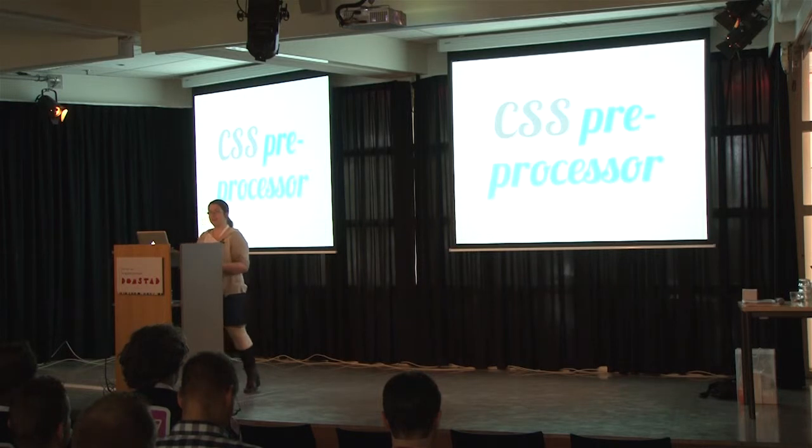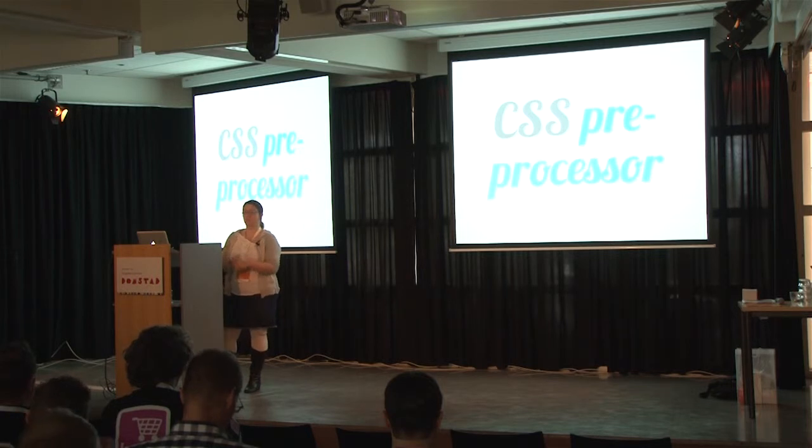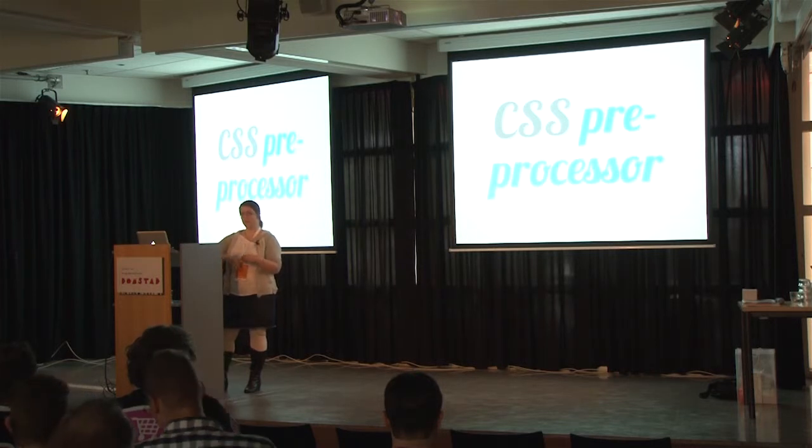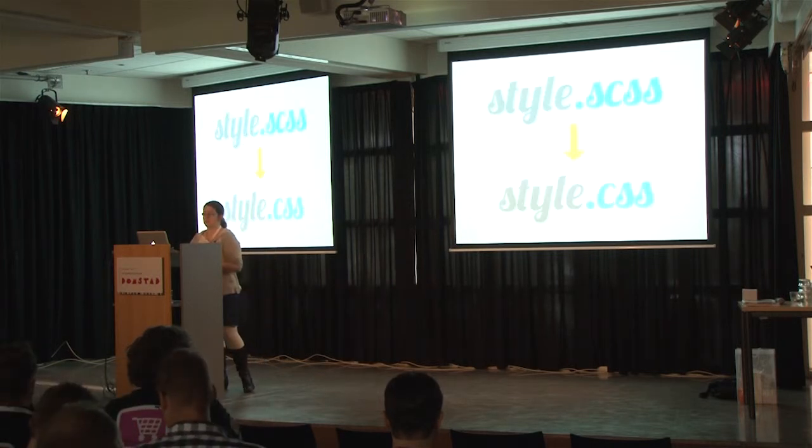Sass is a CSS preprocessor. So what this means is that instead of writing the final style sheets that will go into production with your site, you write another file, a .scss file, and that file gets compiled into regular CSS files. That's an illustration.